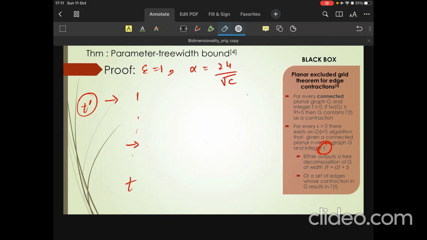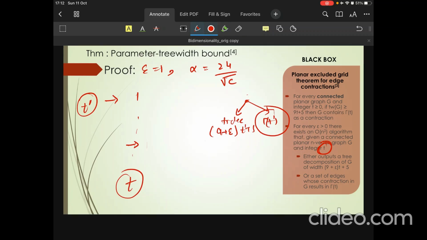So what was this algorithm doing, let's recall. This algorithm either gave us a tree decomposition of tree width at most approximately 9 epsilon t plus 5, or it gave us a contraction of the given graph, gamma t dash. So we'll stop at a point where gamma t dash is obtained as a contraction.